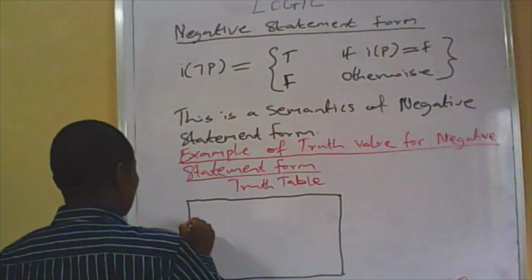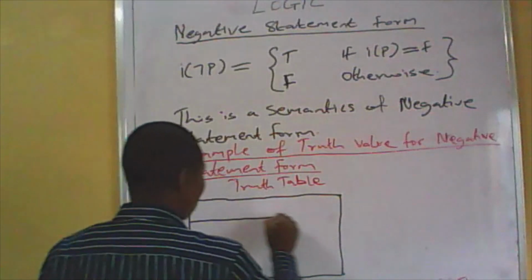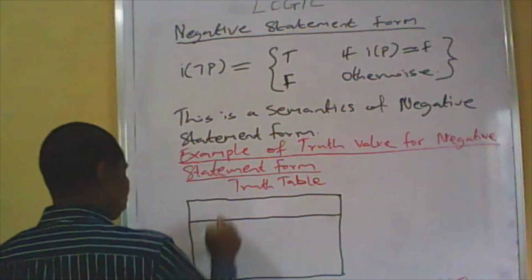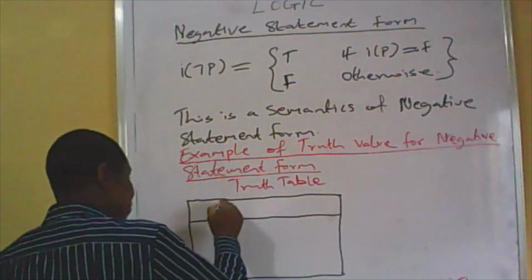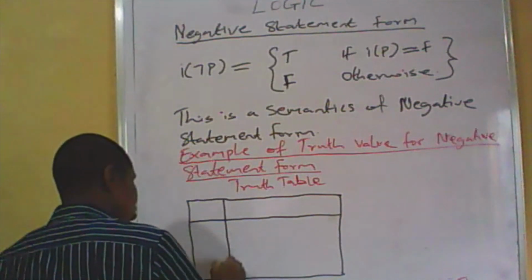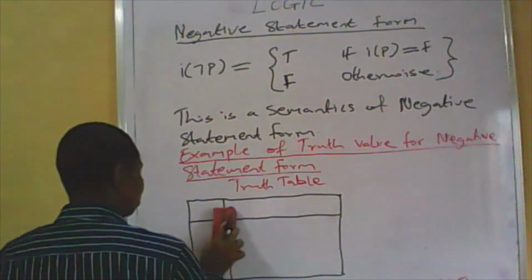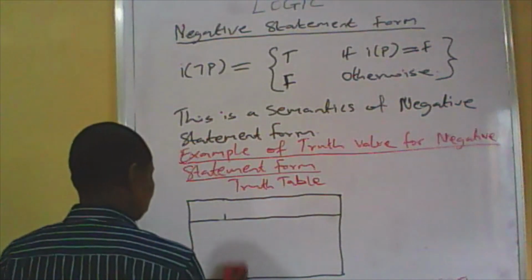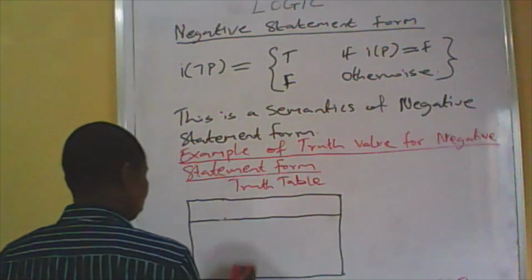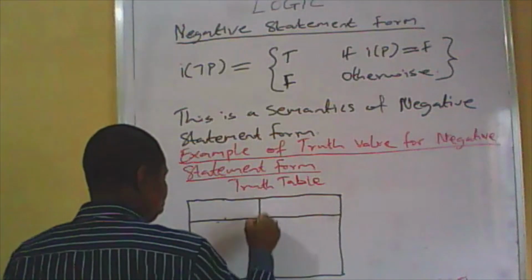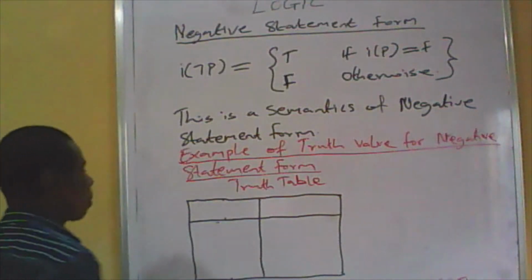The horizontal line creates our row for our statements, and the vertical lines create the columns.